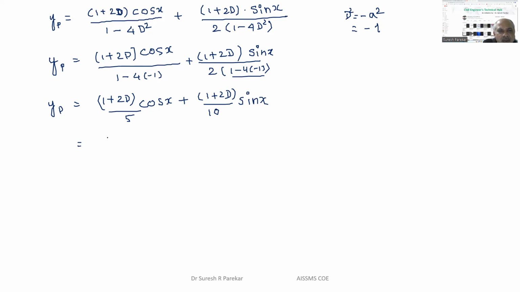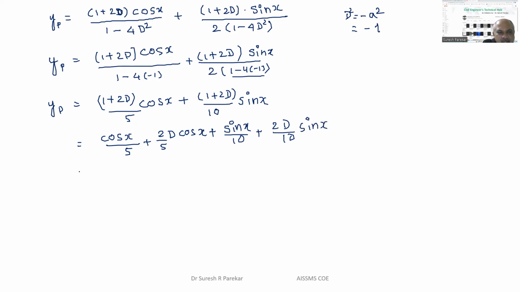So we have cos x upon 5. We are multiplying it first with 1 plus, second we have 2 by 5d cos x, plus sin x upon 10 plus 2d upon 10 into sin x.